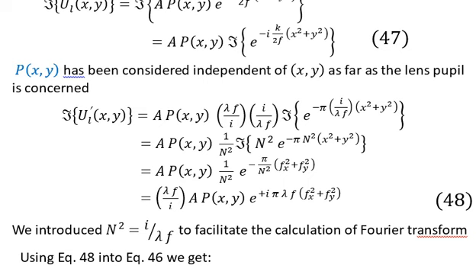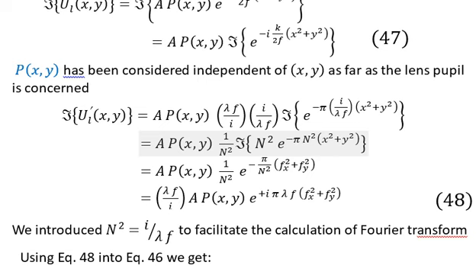So the Fourier operator now operates within the curly bracket, where we have n square into e to the power minus pi n square times x square plus y square. This is a familiar term for which we have already been calculating the Fourier transform.